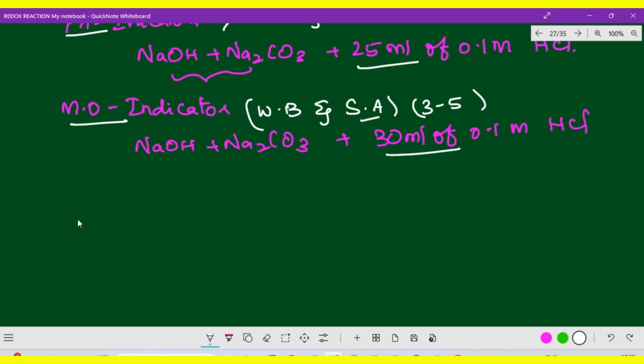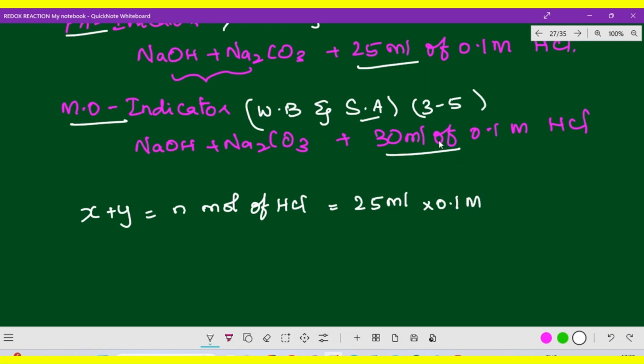So here, let us check with X plus Y. These both, X plus Y equal to n mole of HCl, equal to 25 ml into 0.1 M, whatever they have given in the data, no. So you will be getting n mole of HCl, 2.5 mmol. Why mmol? Because here it is mentioned in ml, so that is millimole.